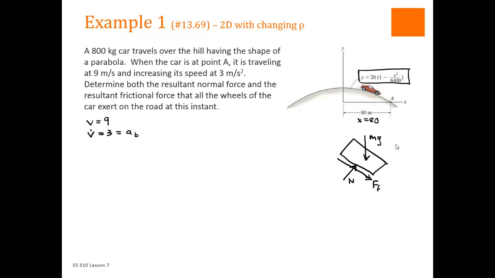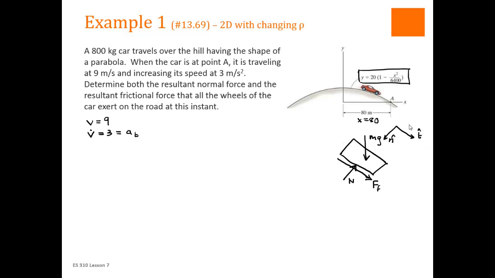We've got our normal direction, which is towards the center of the curve, right? So our normal direction is in the direction of our normal force, pointing in, so that's n hat. And our tangential direction is along the curve, in the direction of motion, right?